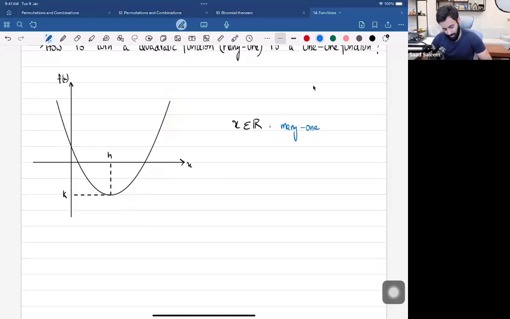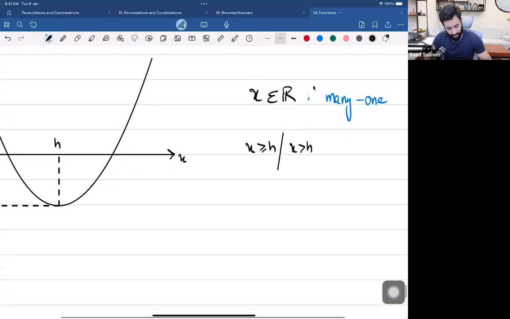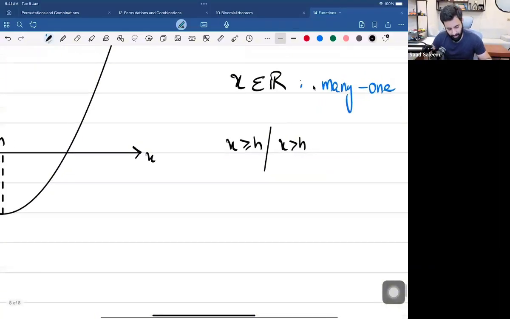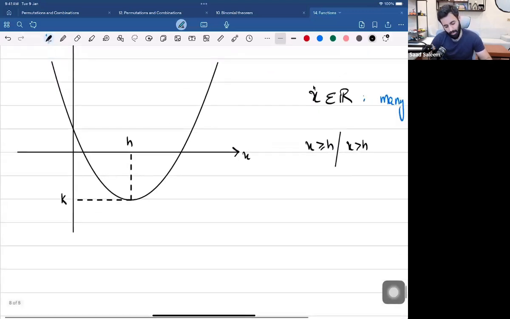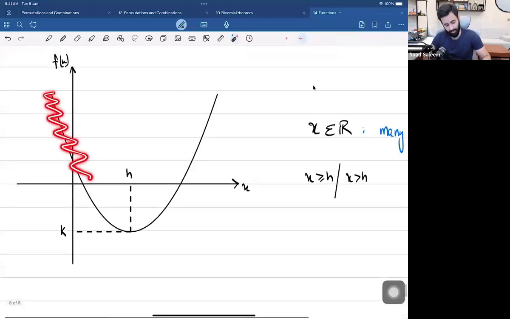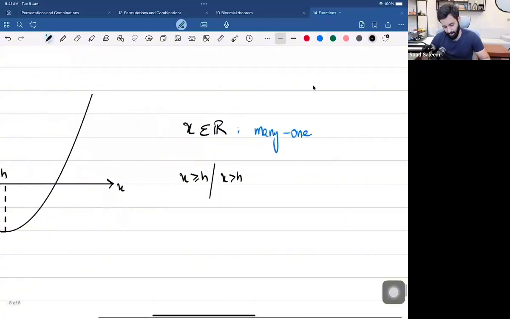But if I say that x is greater than or equal to h, or even x is greater than h, there are no separate rules for greater than or equal to h, then what would you see? If I only make you look at this part of the curve, you don't know that this is a quadratic curve, you would think that this is a one-to-one function. If I hide the first half of the curve and only make you look at the second half, you would clearly see this to be a one-to-one function.